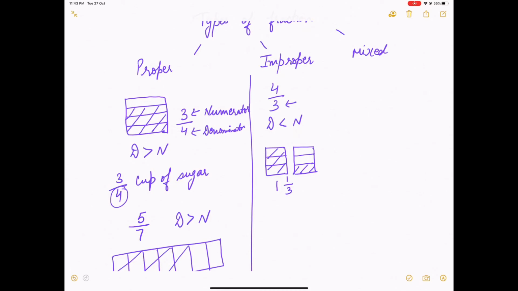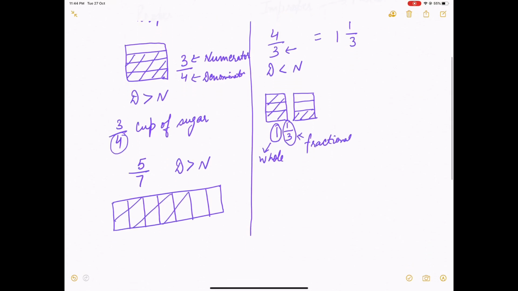Right? So an improper fraction has a whole part and fractional part. That's why an improper fraction can be converted to a mixed fraction. So 4/3 is equal to 1 and 1/3. Okay, it has 1 whole part and 1/3 is the fractional part.